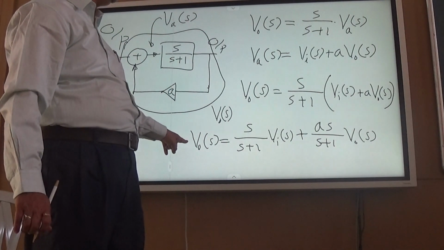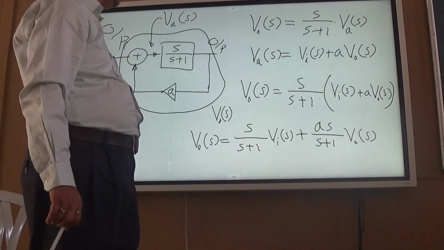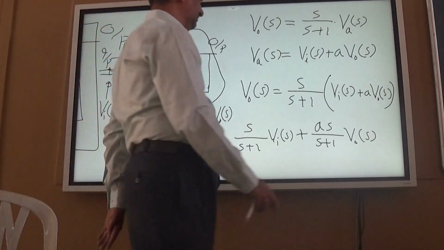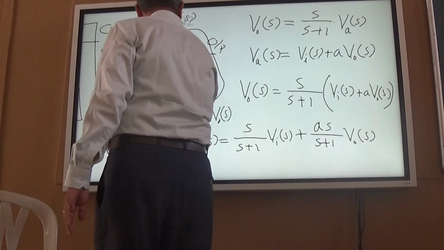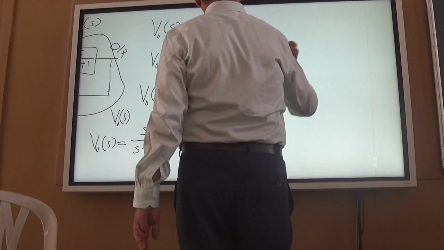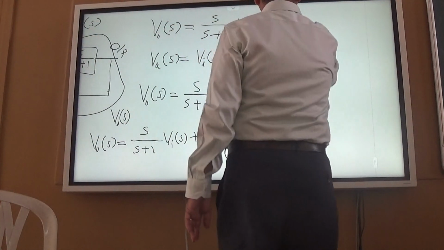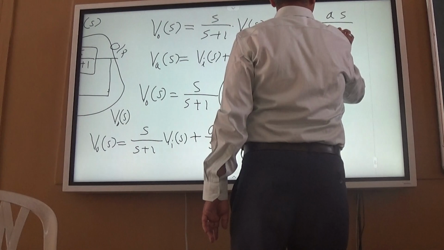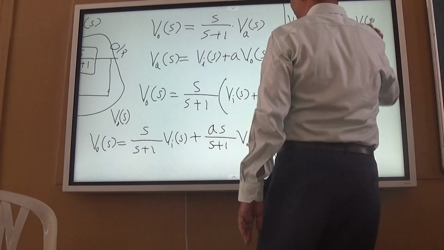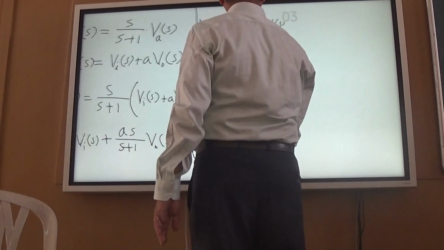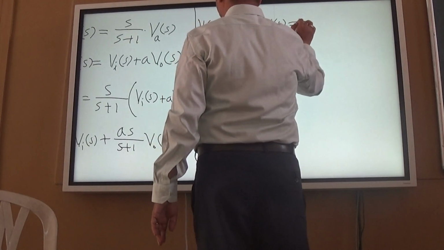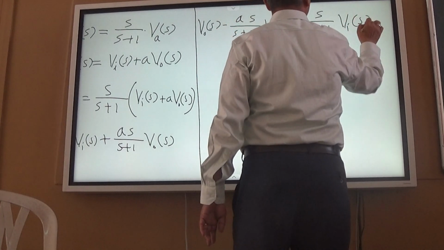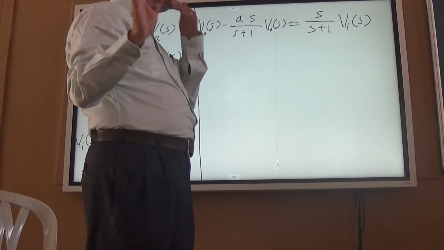So how do we proceed further? What is the method for proceeding? Simple method. Take this on the left hand side. So we get VoS minus AS upon S plus 1 into VoS is equal to S upon S plus 1 into V in S, right? Is it okay?